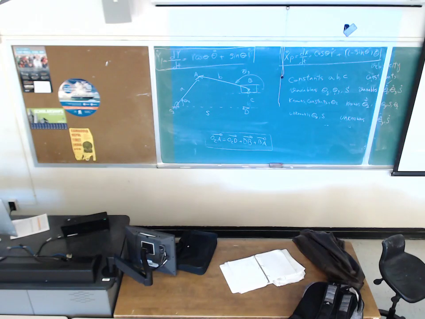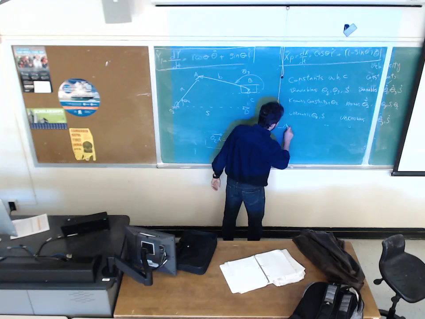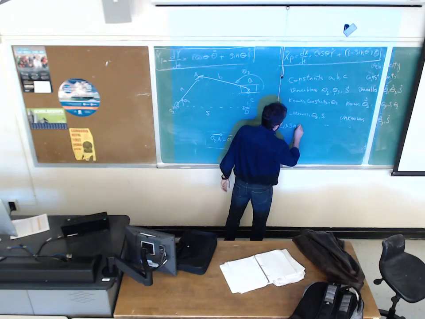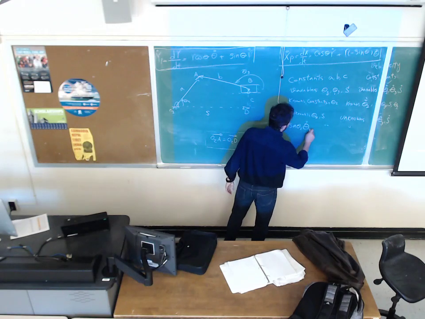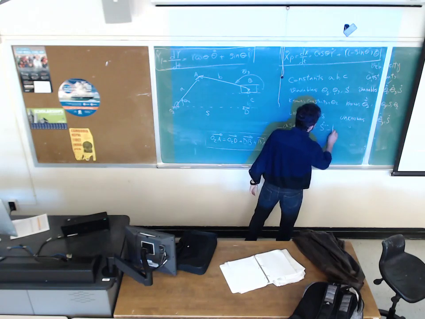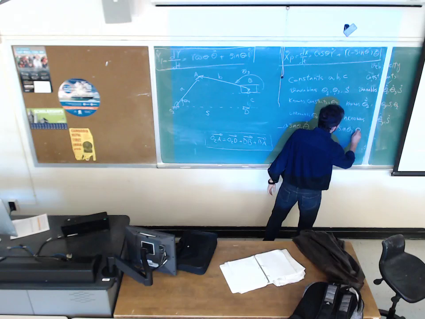So if I rewrite the equation again: negative a sine of theta 2, theta dot 2 equals S dot negative b sine of theta 3, theta dot 3.